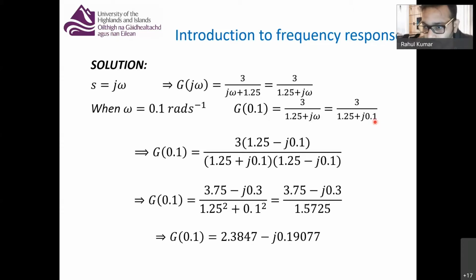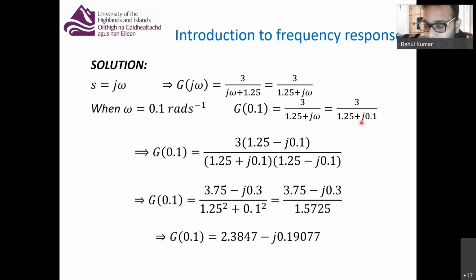Now to solve this type of fraction, you have to multiply the numerator and the denominator by the complex conjugate of this complex number. What is a complex conjugate? So here in the denominator you have 1.25 plus j 0.1.